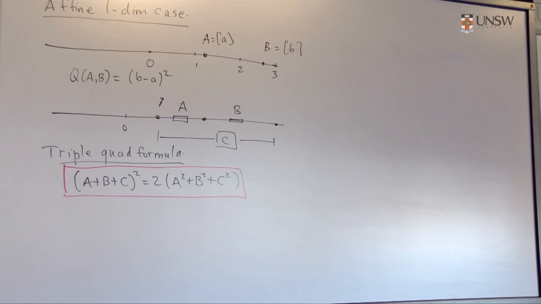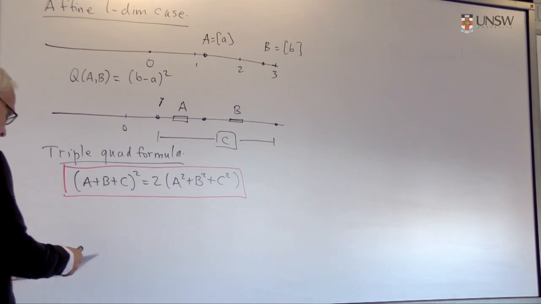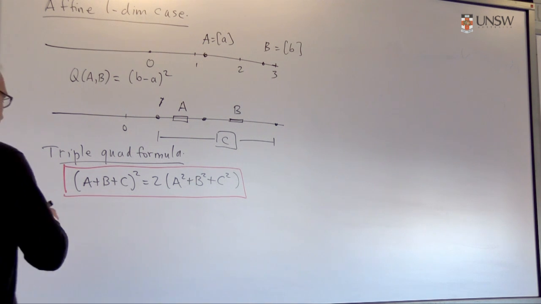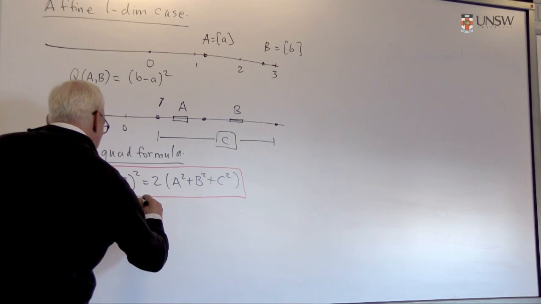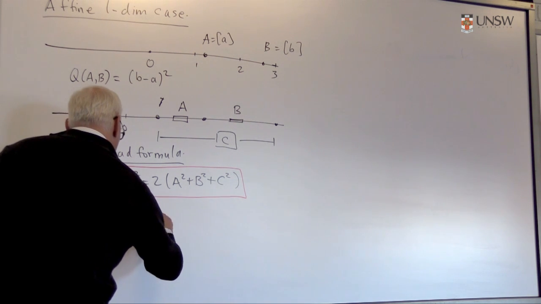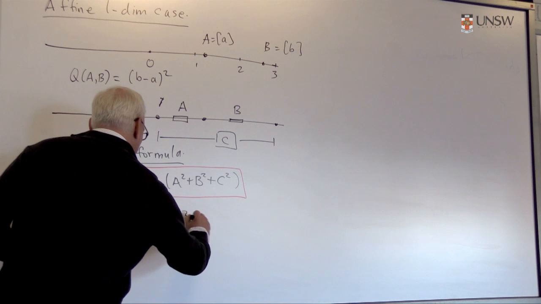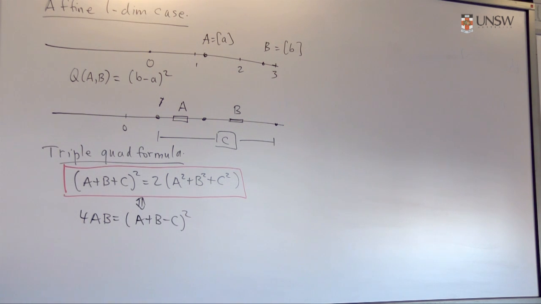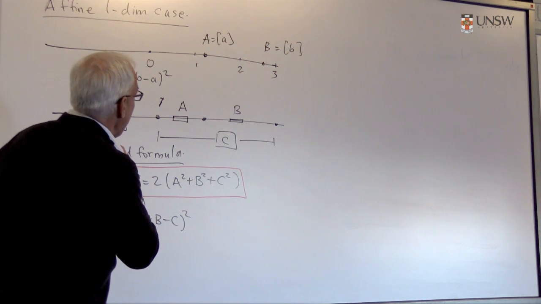Okay, there are several alternate ways of writing it. We could also write it, equivalently, as 4AB equals (A plus B minus C) all squared. That's just a rewriting of the same relation. So let's do an example.